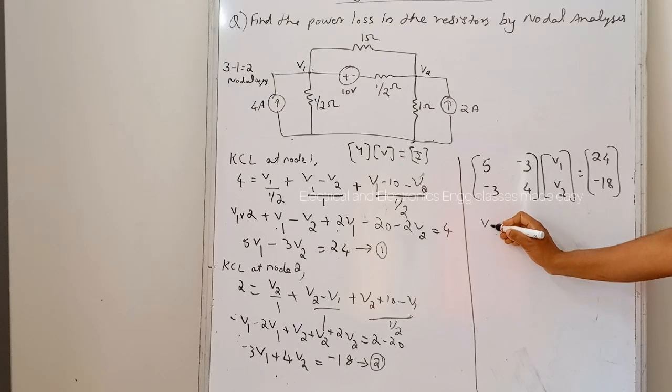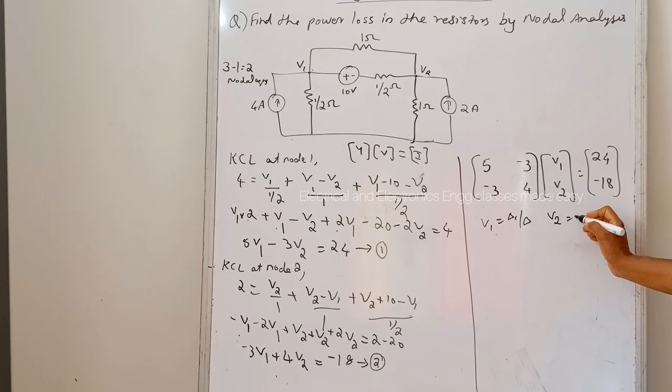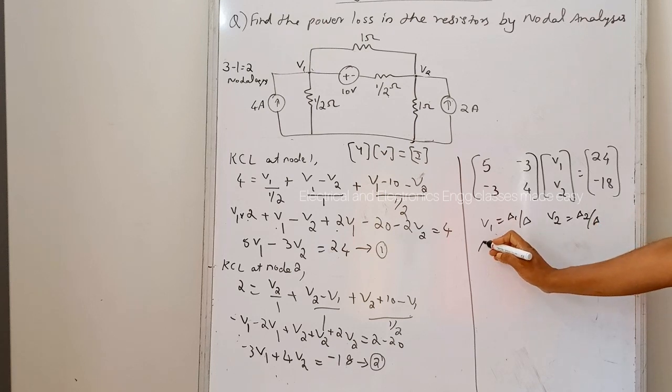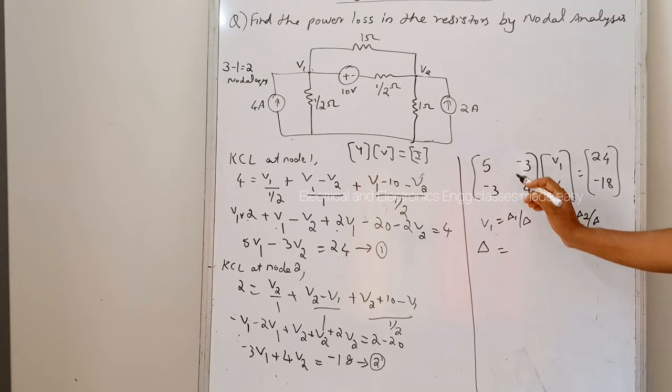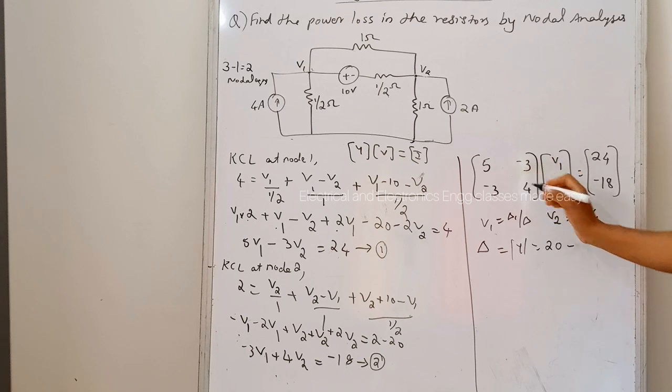V1 is equal to delta 1 divided by delta, and V2 is equal to delta 2 divided by delta. First find delta, which is the determinant of this Y matrix: 5 into 4, that is 20, minus 3 into 3, 9, that is 11.